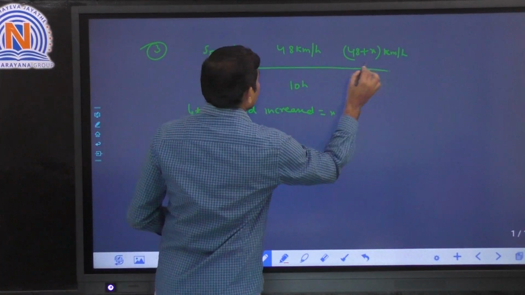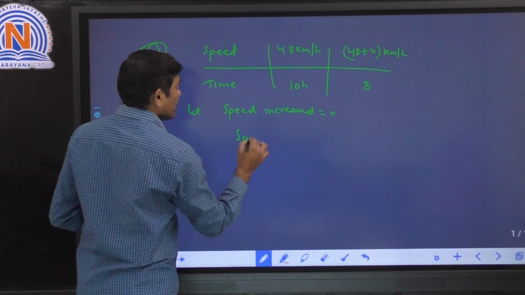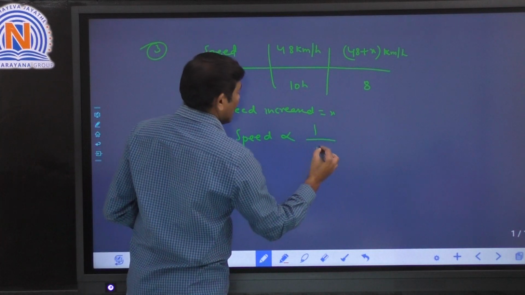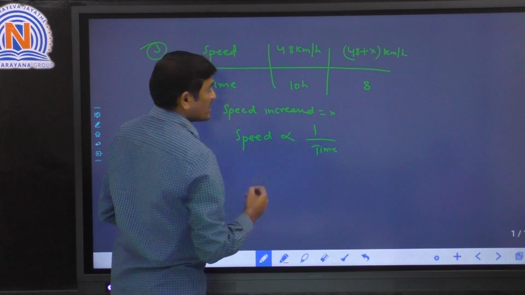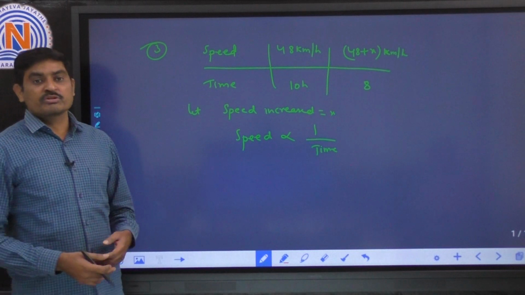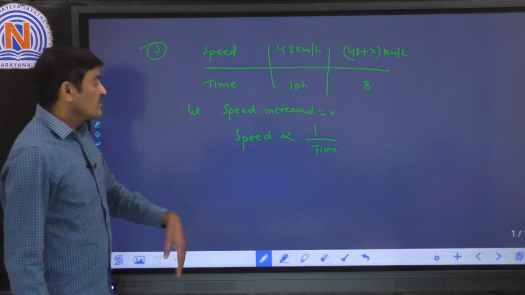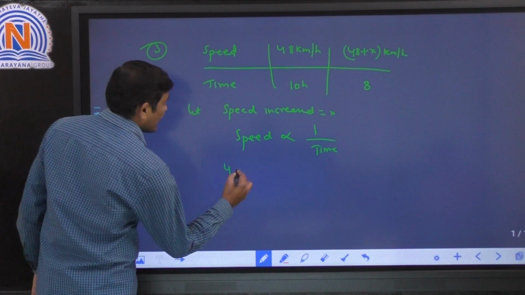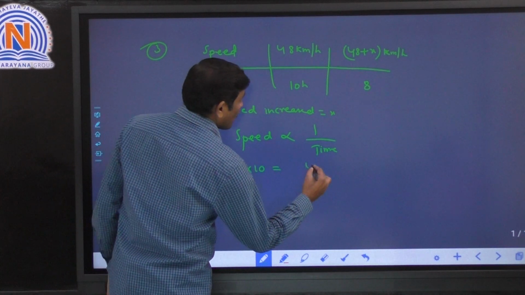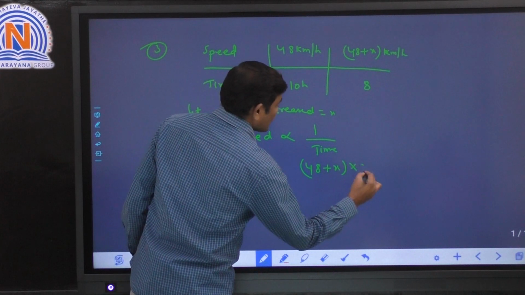Now see here, speed and time: speed is inversely proportional to time. Two quantities are said to be inversely proportional to each other if x1 into y1 is equal to x2 into y2. That's why 48 into 10 is equal to 48 plus x into 8.